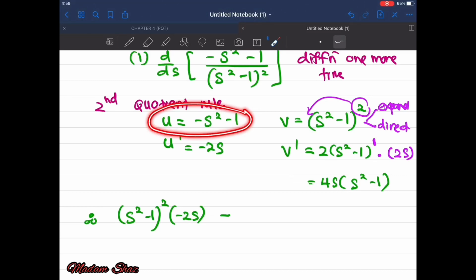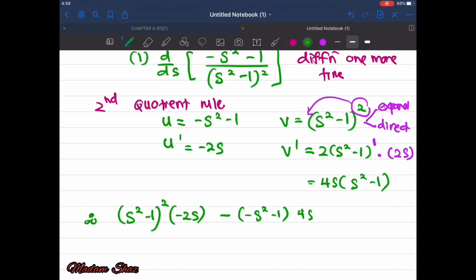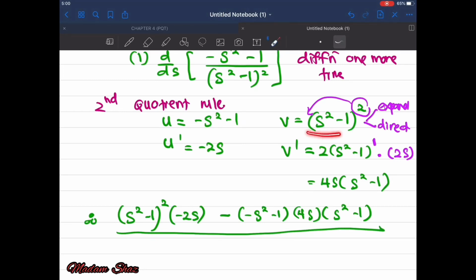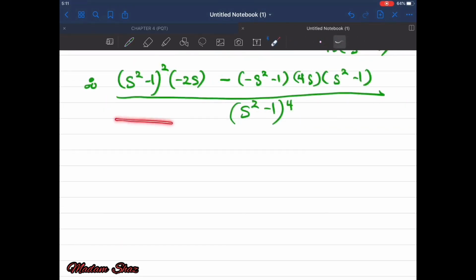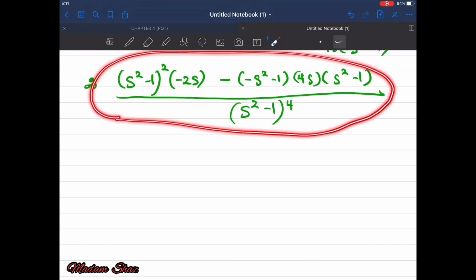So negative s squared minus 1 multiply with 4s times s squared minus 1. Make it in brackets: negative s squared minus 1 multiply 4s times s squared minus 1. Divide the whole thing by v squared, which is s squared minus 1 to the power of 2. Squaring it again will become s squared minus 1 to the power of 4. So now we have to simplify the whole thing here.